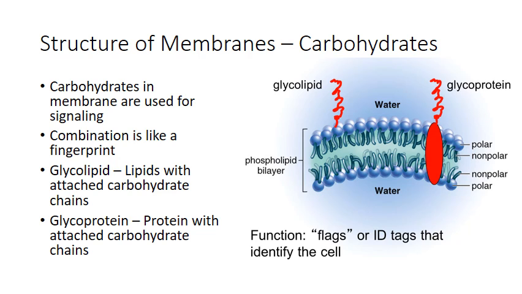And if it's foreign, if it doesn't belong there, it attacks it and tries to digest it. So if your immune system bumps into one of your cells, it's going to check its glycolipids or glycoproteins to see if it belongs, to check its fingerprint and make sure it belongs there.